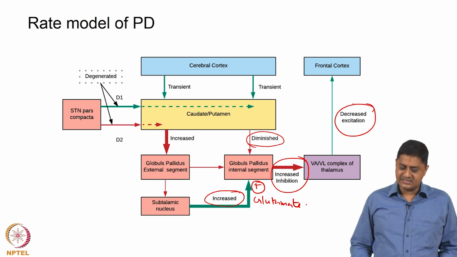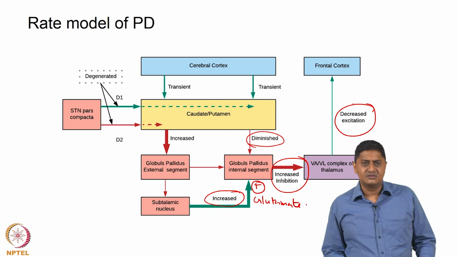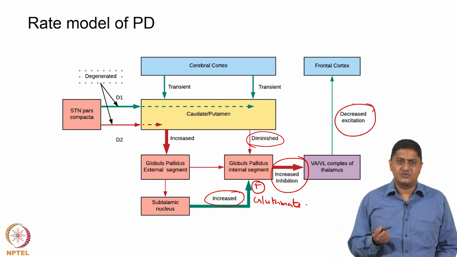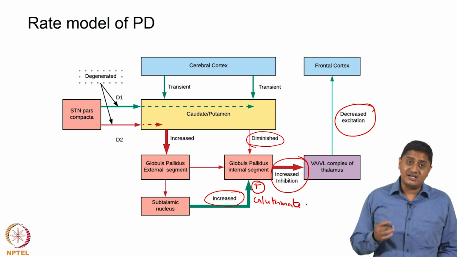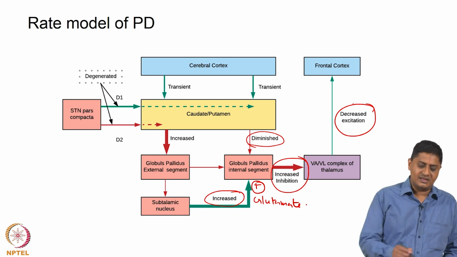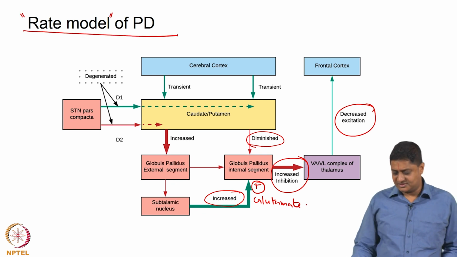What we mean by increased, diminished, reduced is the firing rate of the neurons in these circuitry, right. So, the firing rate is increased, not the number of neurons. This has then come to be called the famous, so called rate model of Parkinson's disease.